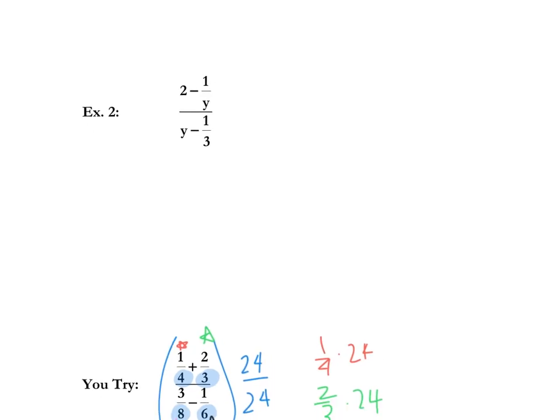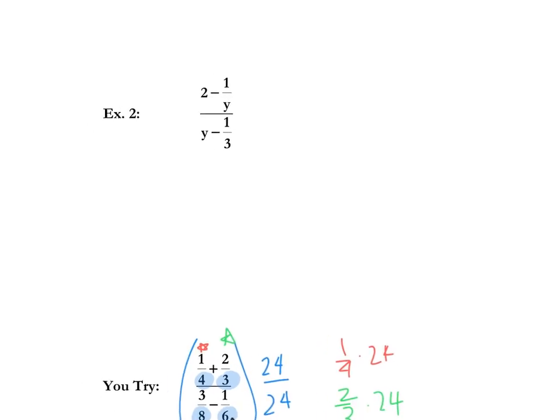All right, let's take a look at this example. So these numbers are just over 1, and this variable is just over 1. So I need to find the LCD of all the fractions, so 1, y, 3, and 1. So the least common denominator of all of that is going to be 3y. So we have to multiply each fraction by 3y.